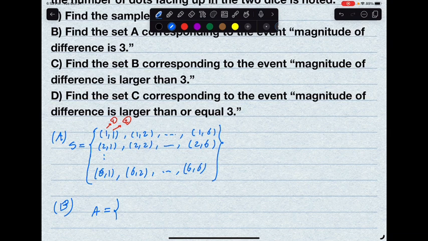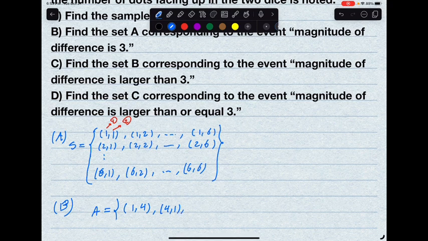So for example, 1 4, that means the first die has 1, the second die is 4, so the difference is 1 minus 4. Okay, so 1 minus 4 is -3, but the magnitude means absolute value, which is 3. So that's it. So 1 4 is one of the answers, and also 4 1.